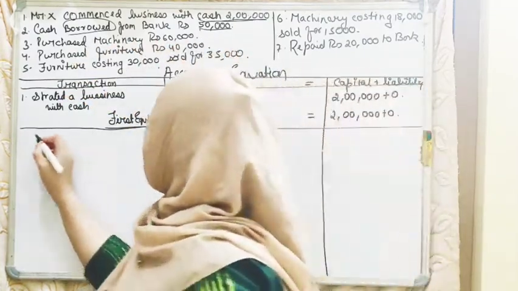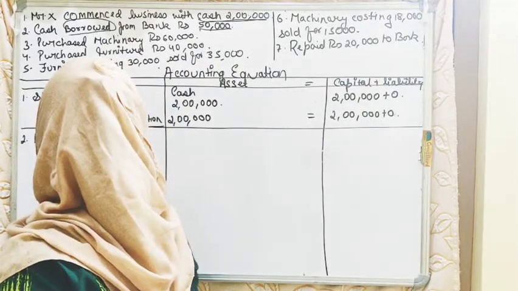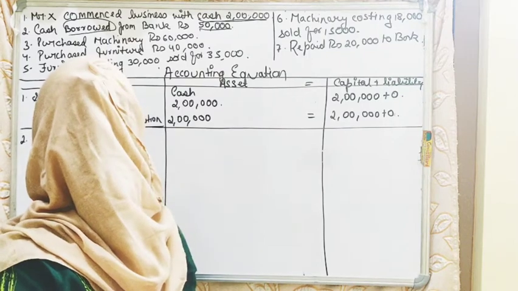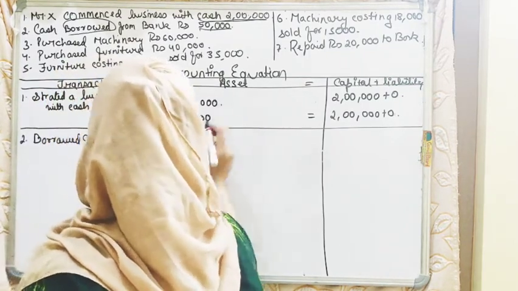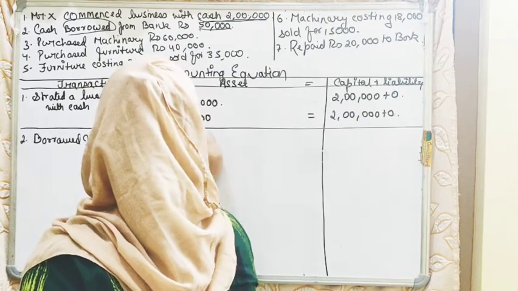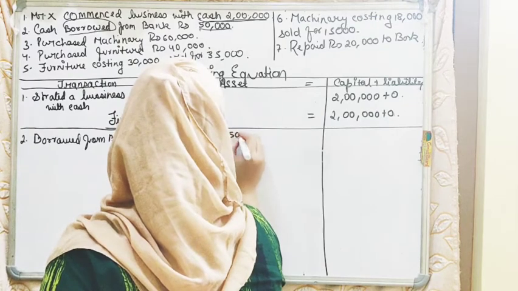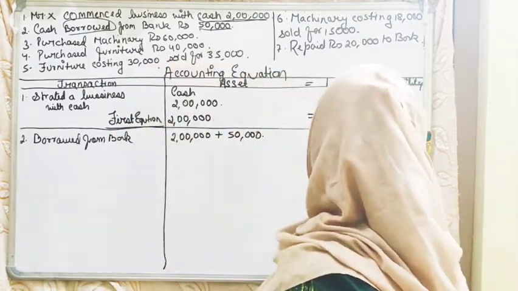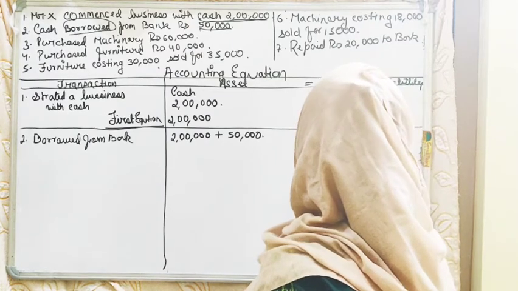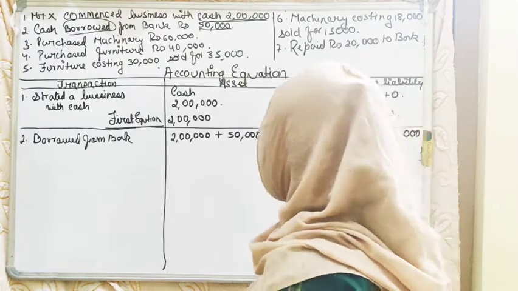So we'll write the second one: borrowed from bank. We have a cash of rupees 2 lakhs plus 50,000. Here also we'll write 2 lakhs plus 50,000.